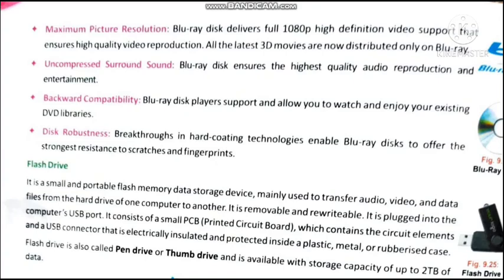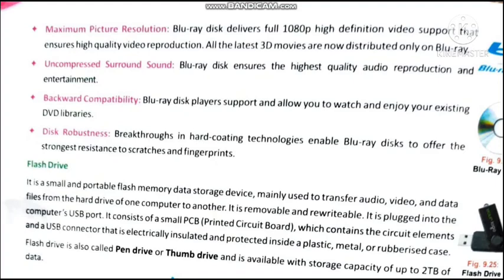Backward compatibility means backward, what was the previous disc? DVD. So using your Blu-ray disc, you can also read your DVD libraries. Last one, disc robustness. Breakthroughs in hard coating technologies enable Blu-ray discs to offer the strongest resistance to scratches and fingerprints. So this was all about your Blu-ray disc.